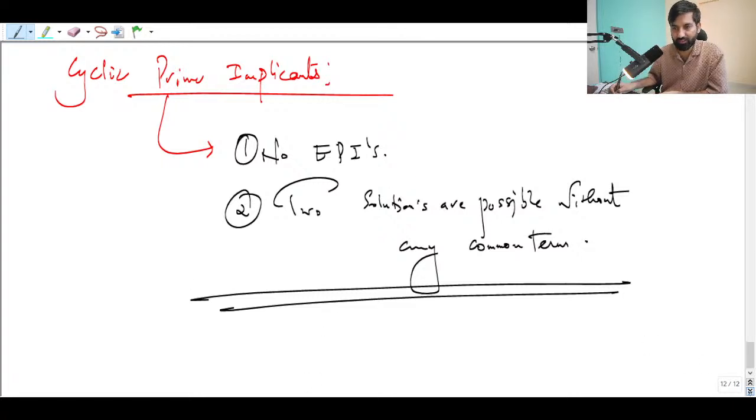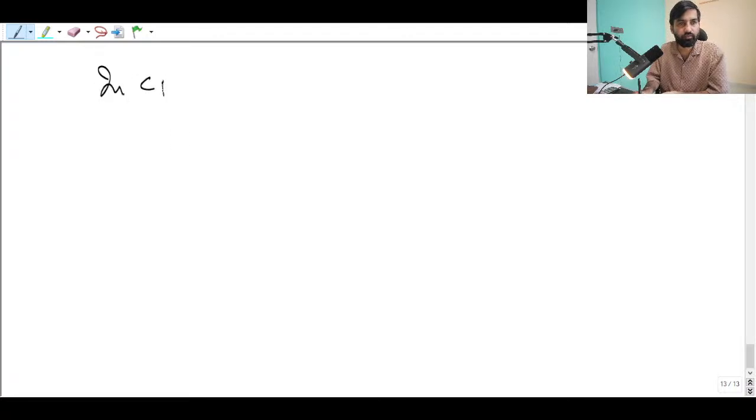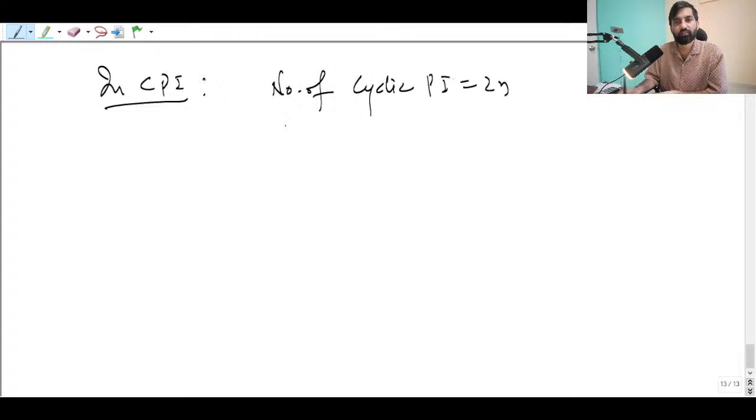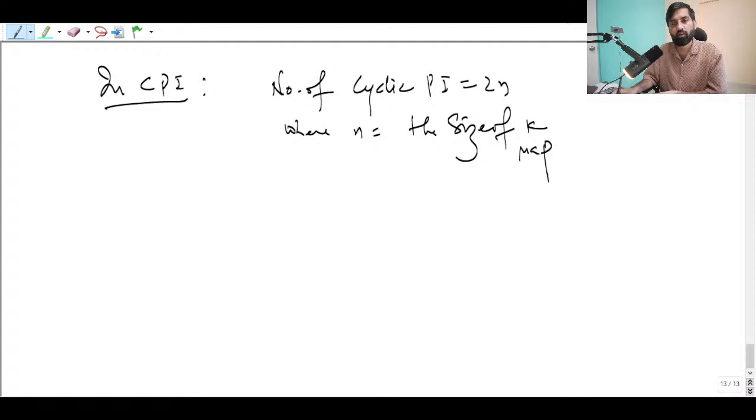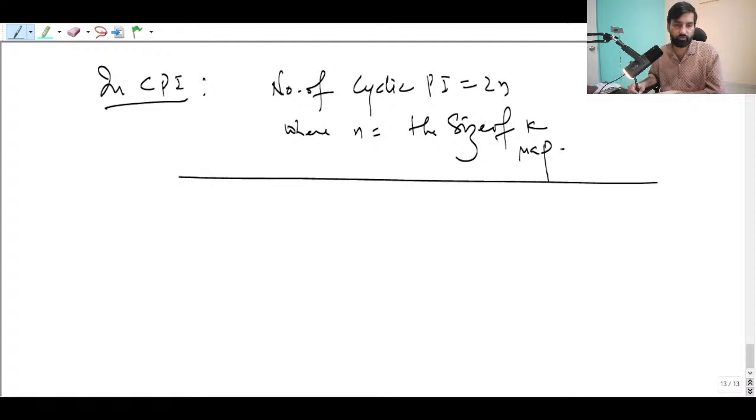So the number of cyclic PIs will be 2n, where n is the size of the K map. So 3 variable means 6 CPIs, right?